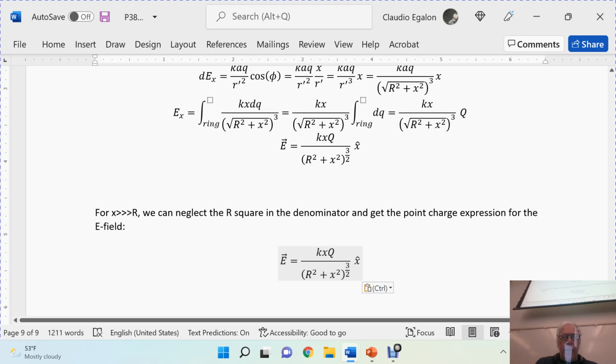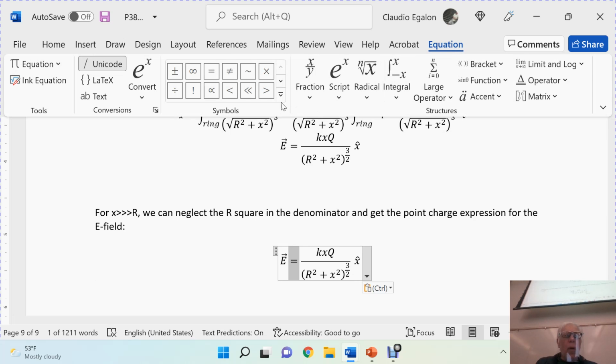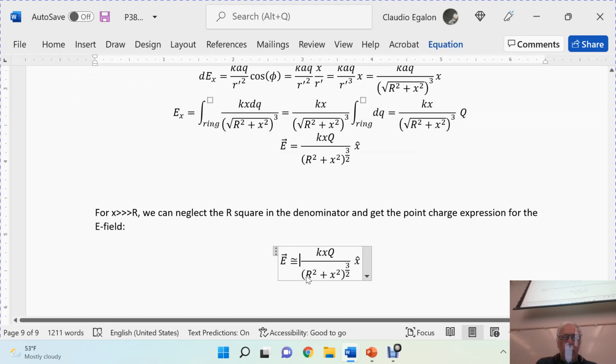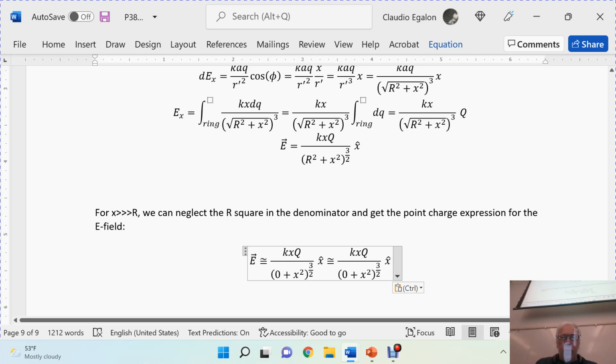We neglect that, and don't forget always to put an approximation sign here. Neglect this term. We get the x squared raised to the power 3 halves.